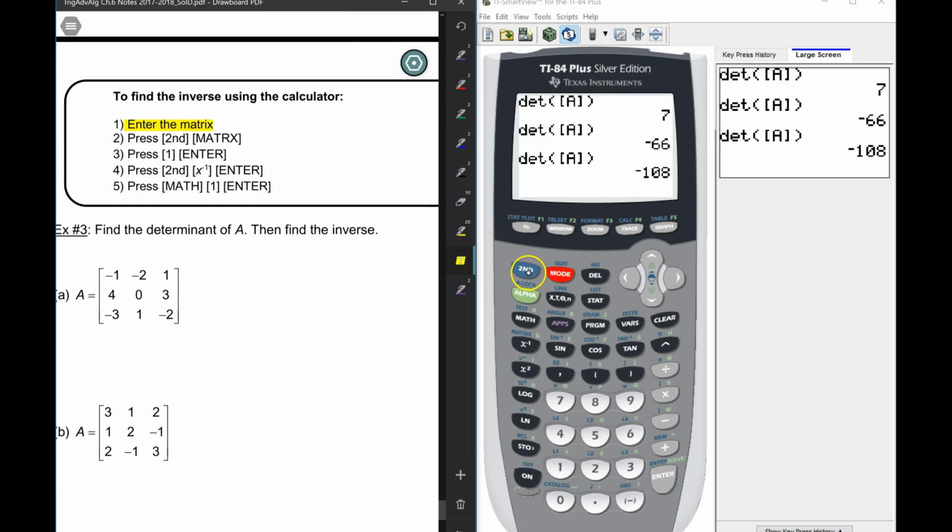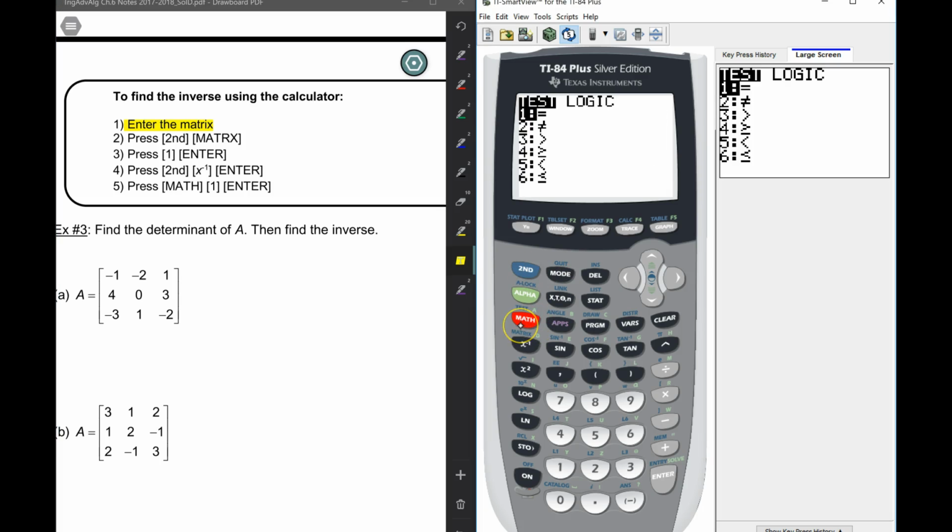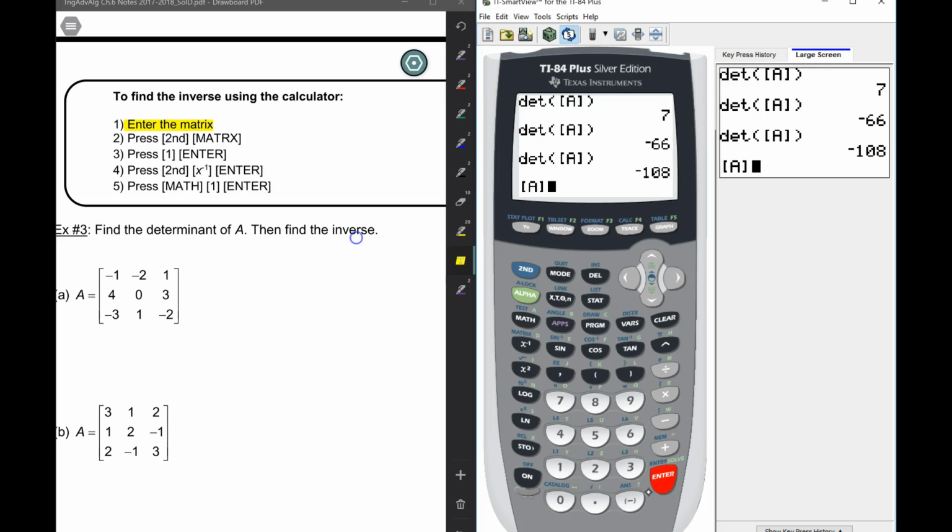Now, we need to find the inverse of it. So second matrix, second matrix, we have to grab matrix A. So press enter or 1. Now we need to find the inverse of this. The inverse.